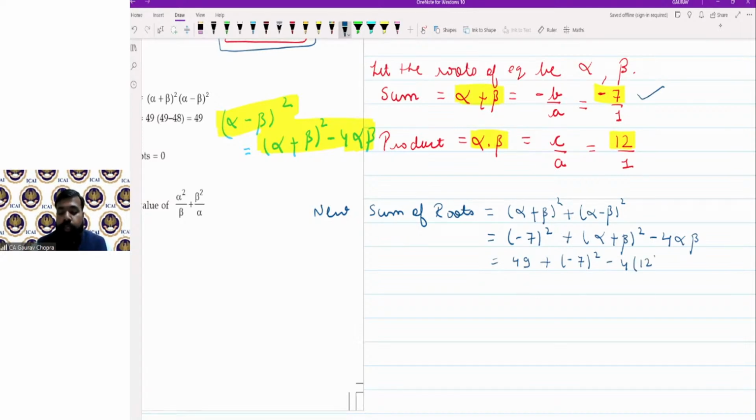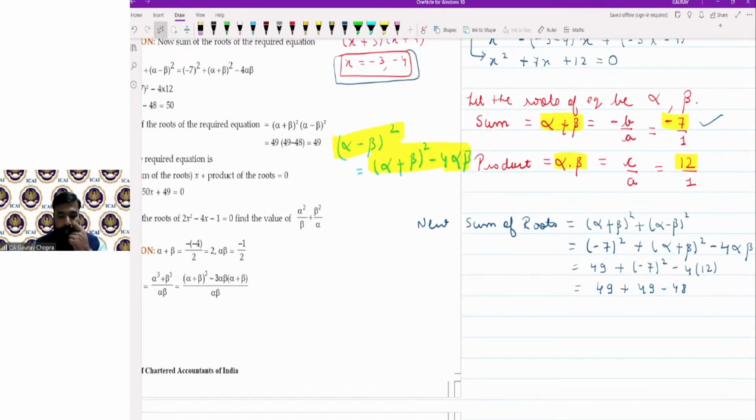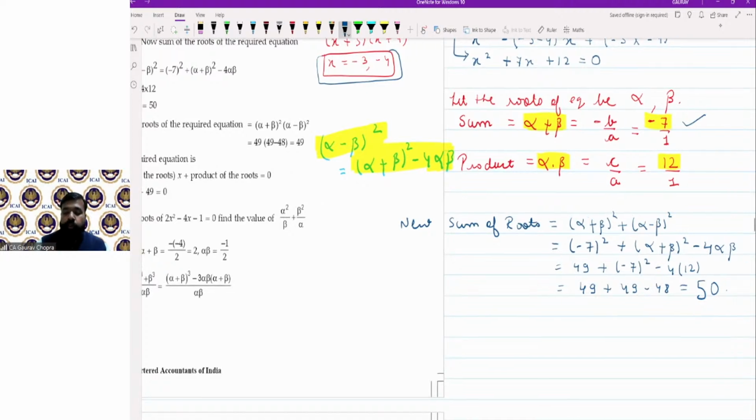Alpha beta is 12. So 49 plus 49 minus 48. So how much we are getting? We are getting 50. So 50 is the sum of roots.